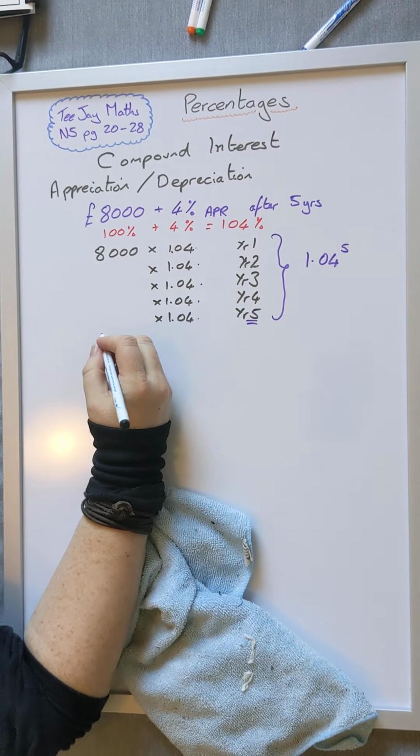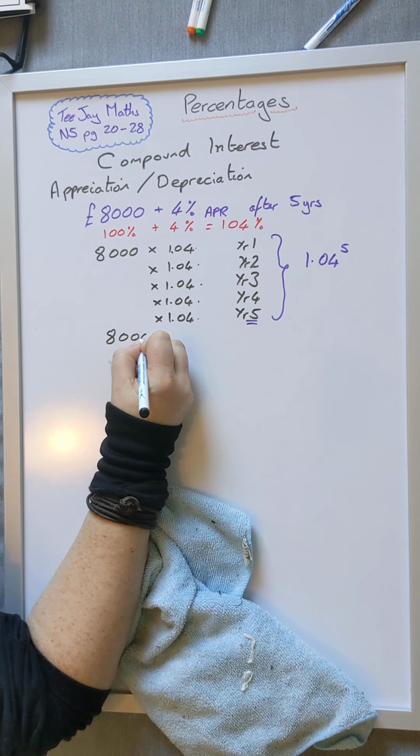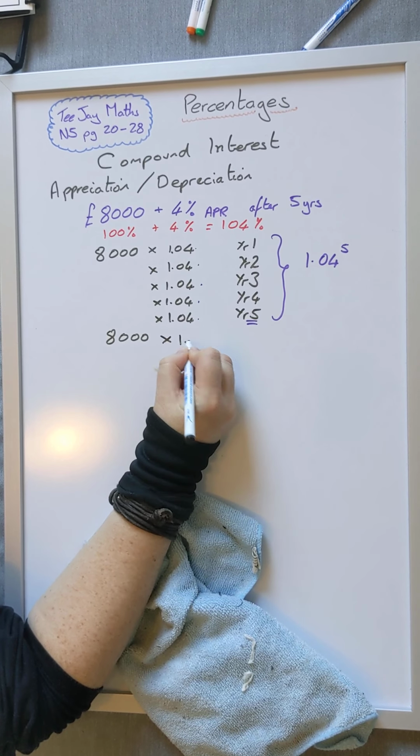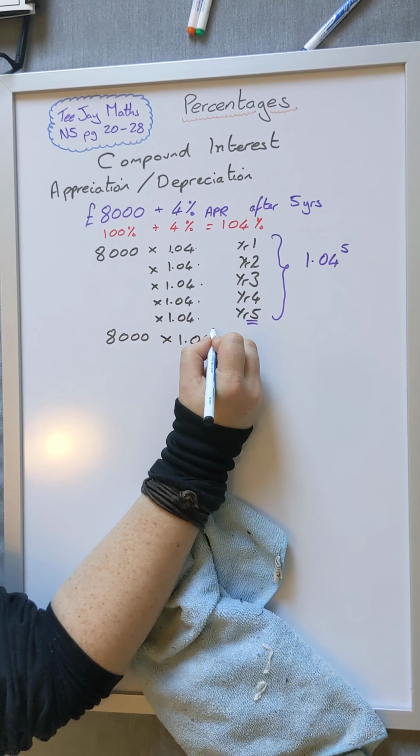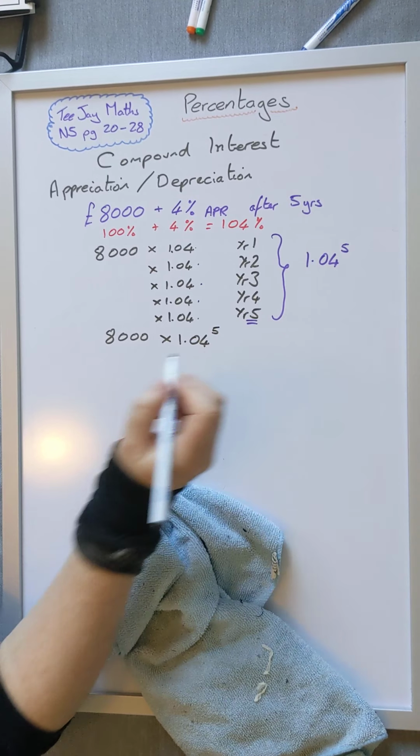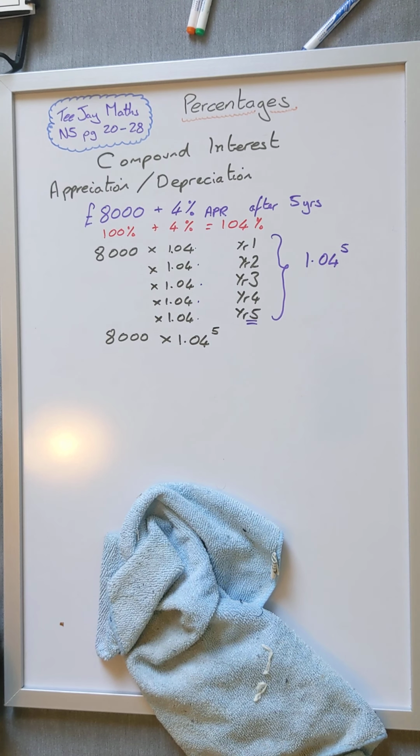So what you've got is 8,000 times 1.04 to the power of 5. Now if you need help in putting that into your own particular calculator, please message me. Every calculator is slightly different. I'd rather you learned how to do it on your own calculator than me show you on my particular calculator.